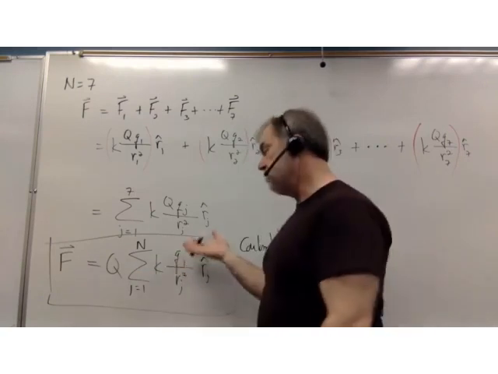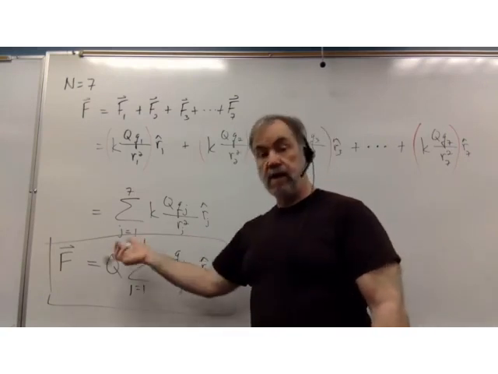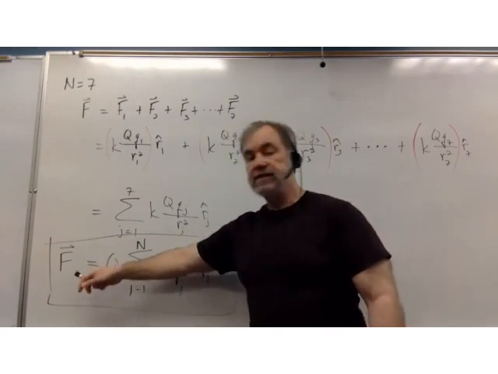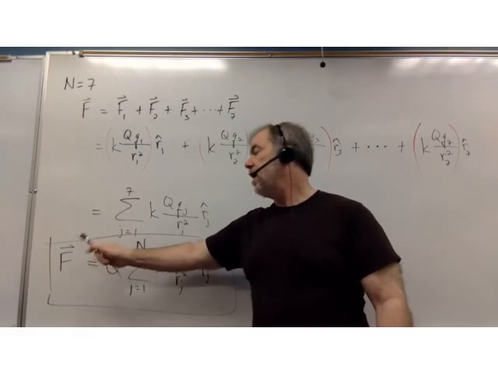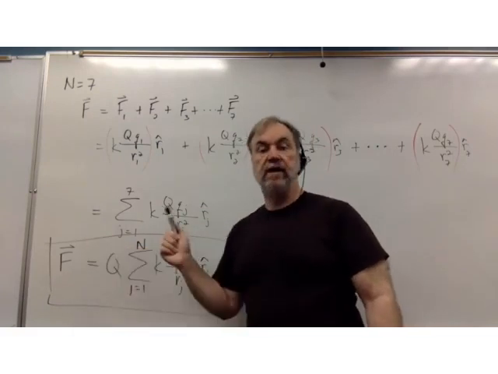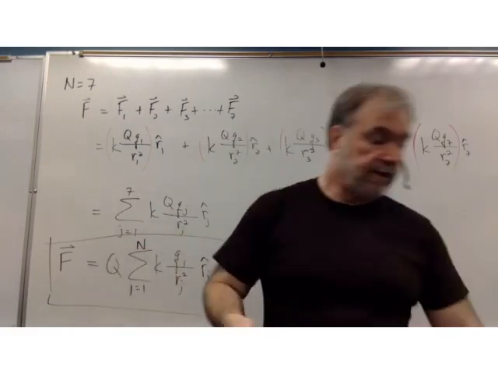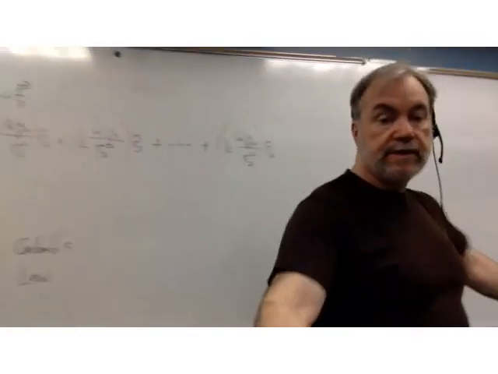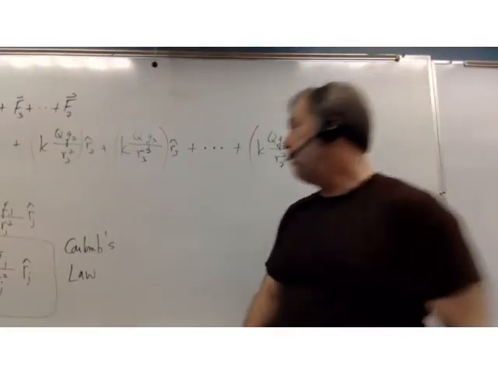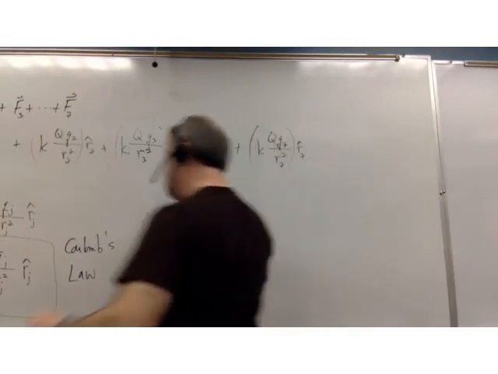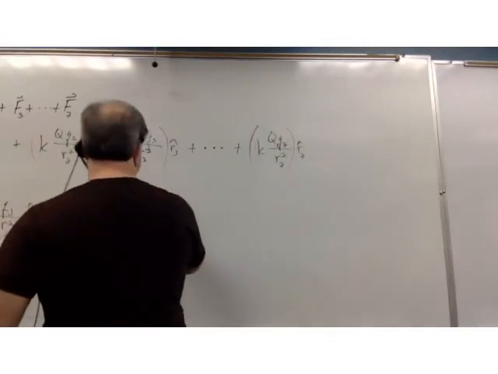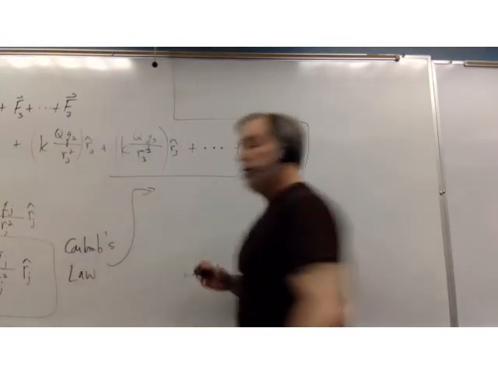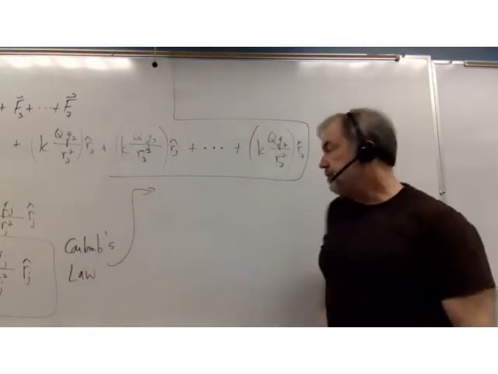Well, I can't just divide the right-hand side. In order to maintain this equality, I have to divide the left-hand side by capital Q as well. That's all right, I'll do that. The whole purpose of my next step is that I want to eliminate the test charge from consideration.